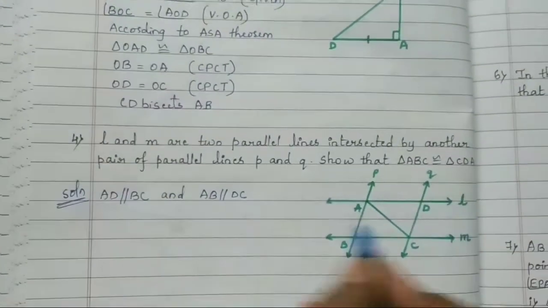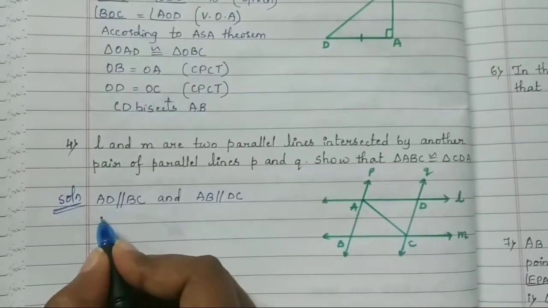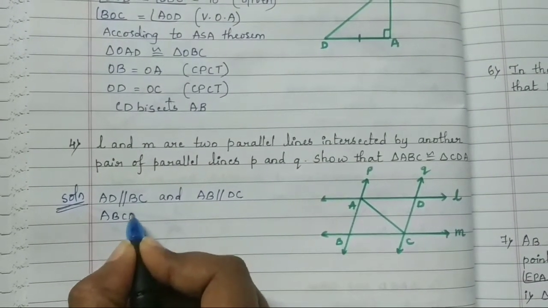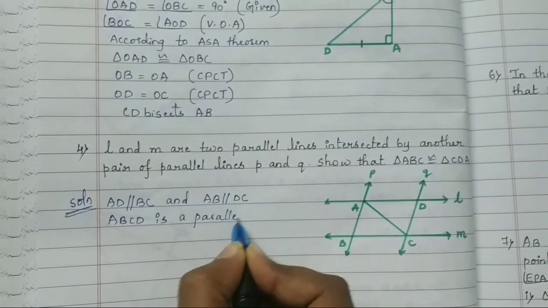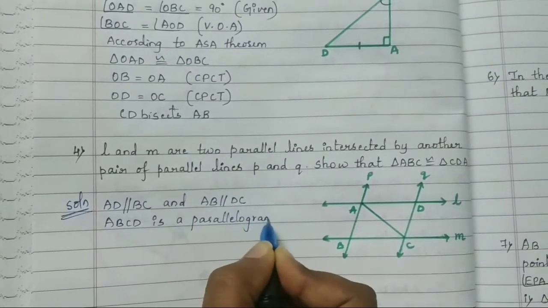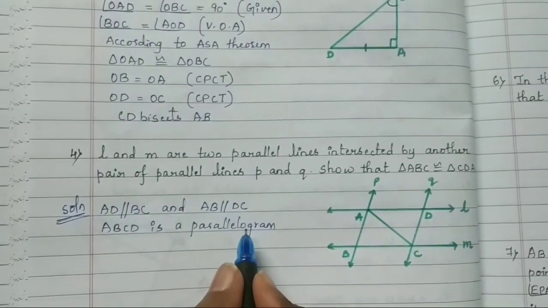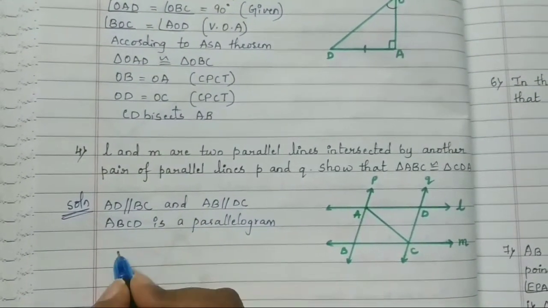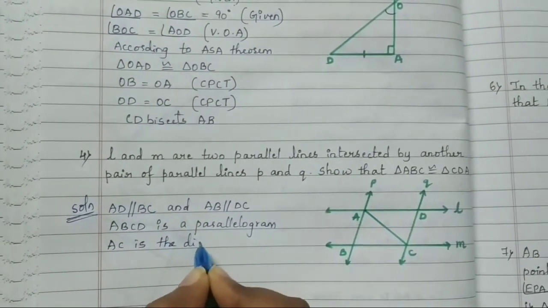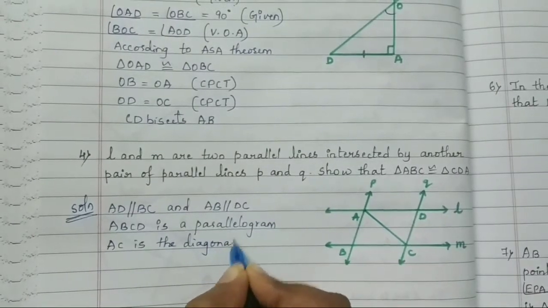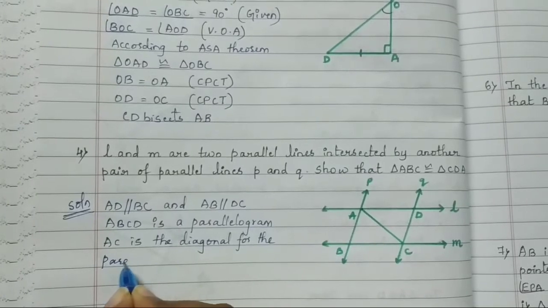Okay. So by this we will get a parallelogram here. So we can write ABCD is a parallelogram. Okay. By the above things we get that ABCD is a parallelogram. Next, AC is the diagonal for the parallelogram.